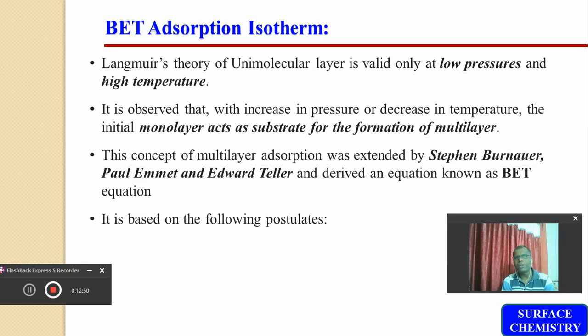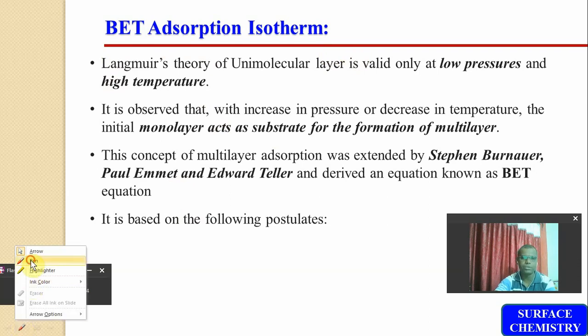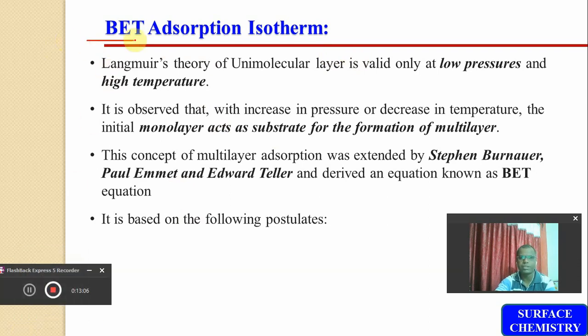But what happens if the adsorption is multilayer adsorption? This problem is solved by the adsorption isotherm called the BET adsorption isotherm. This word BET comes from the initials of the names of the scientists who derived this equation of the adsorption isotherm.